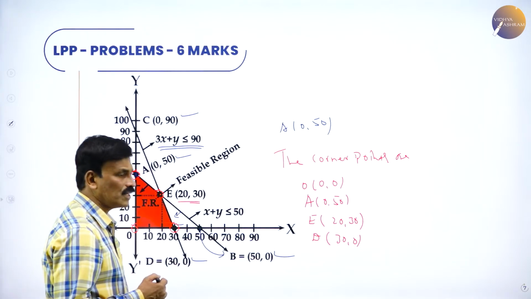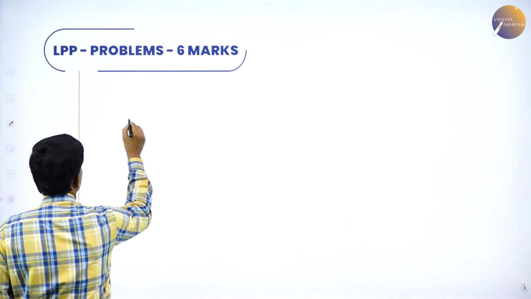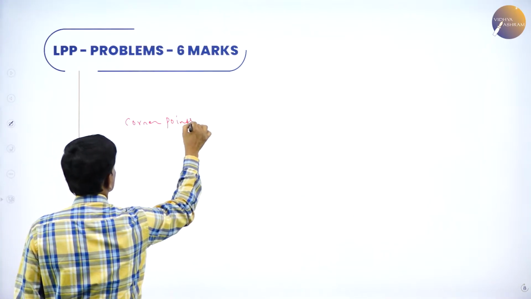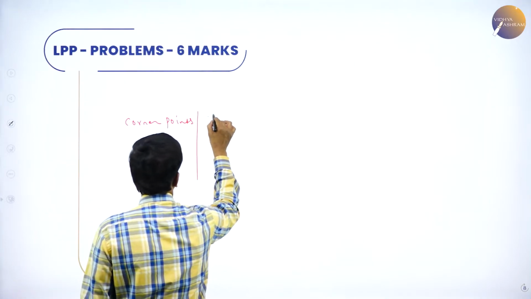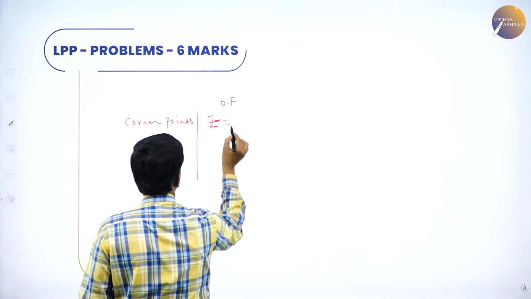Now let us simplify this. What are the corner points? Maximize Z, the objective function. The objective function is Z is equal to 4x plus y.